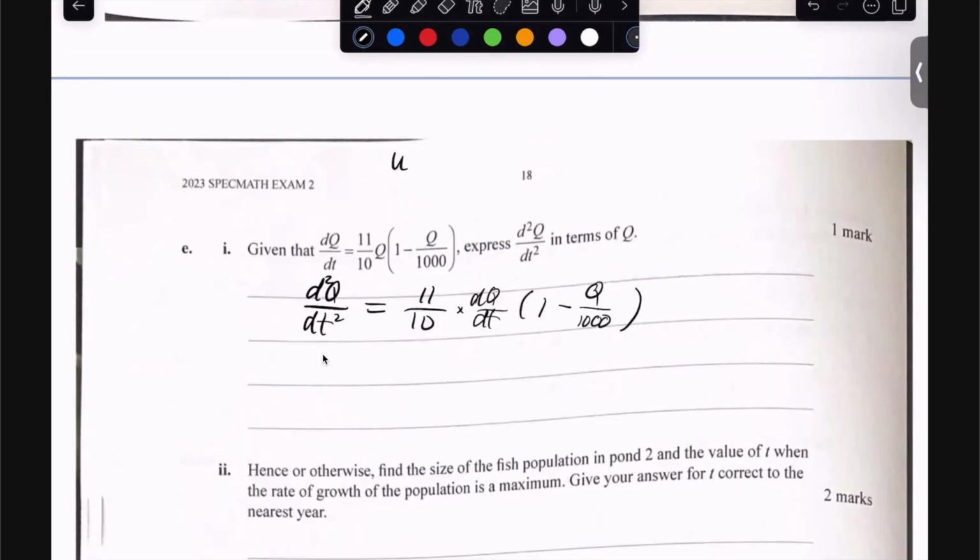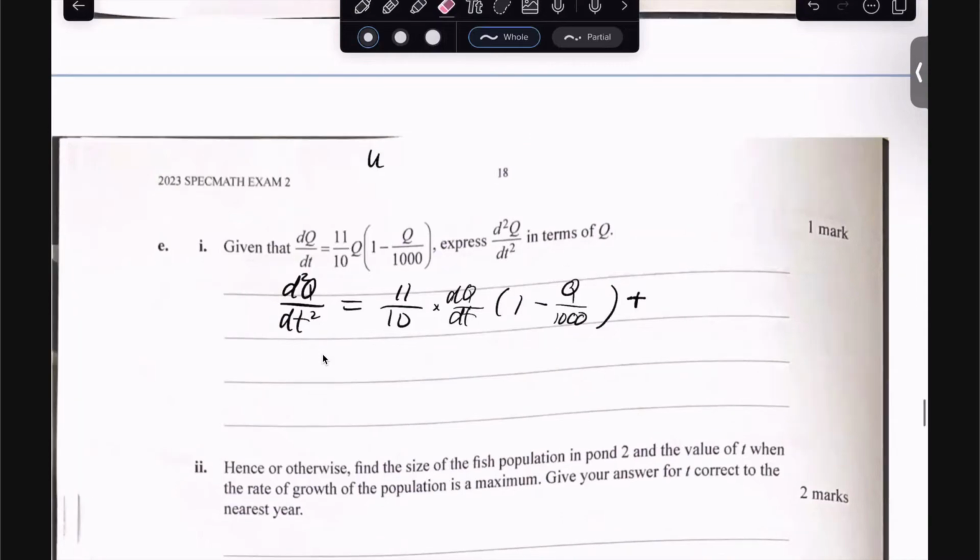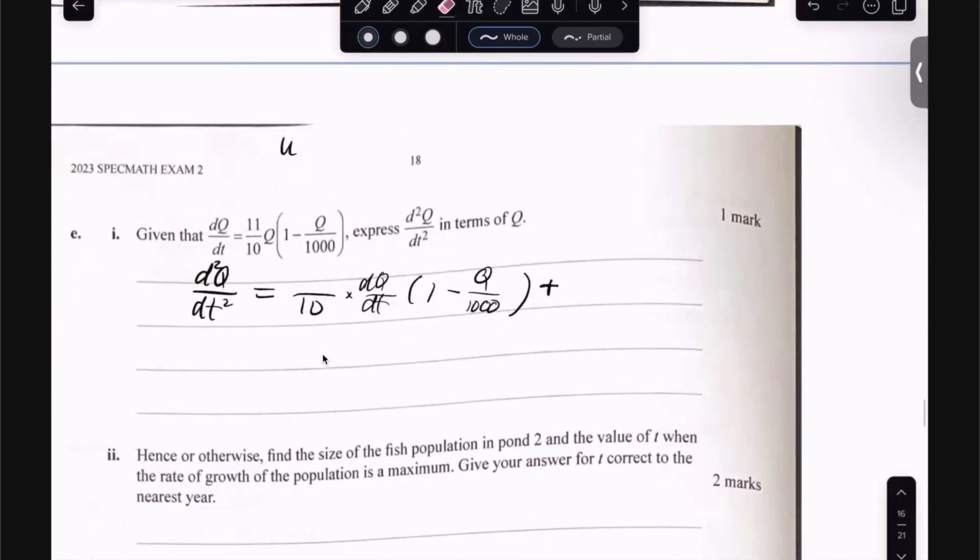So that was just differentiating this implicitly, then plus, you diff the second, but you keep the first.